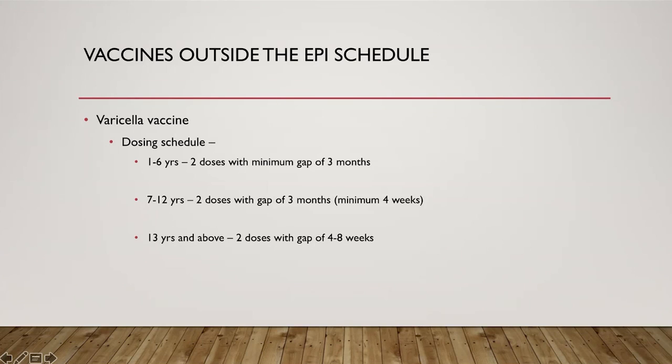For a child 7 to 12 years, again 2 doses are given with a gap of 3 months, but in an emergency situation, you can give with a minimum gap of 4 weeks. So before 6 years, the minimum gap is 3 months, but after 6 years, the minimum gap is 4 weeks. If you are 13 years and above, 2 doses are given with a gap of 4 to 8 weeks.